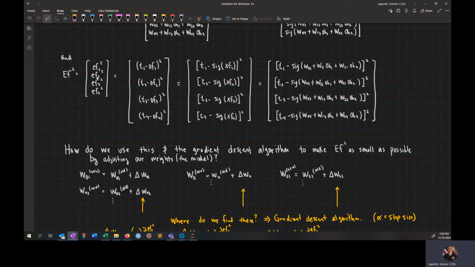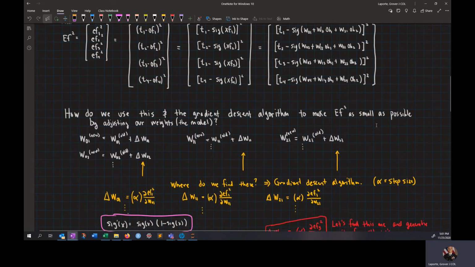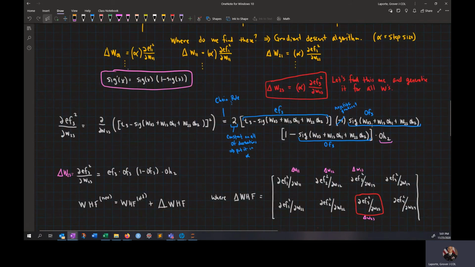W02 is only in EF2 squared. W03 is only in EF3 squared, and so on and so on. You guys see what's going on here. So when I take this partial derivative with respect to W01, 2, 3, or 4, the same thing happens, except when I get here to take the derivative.